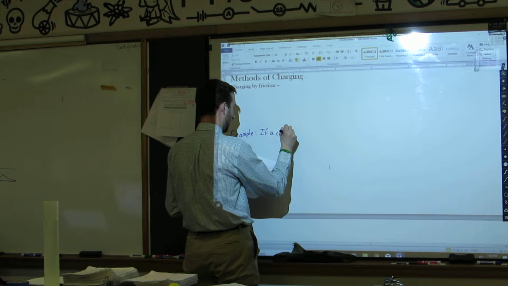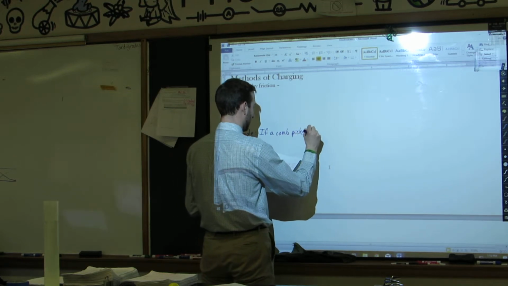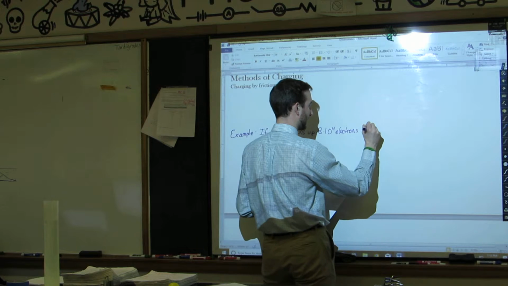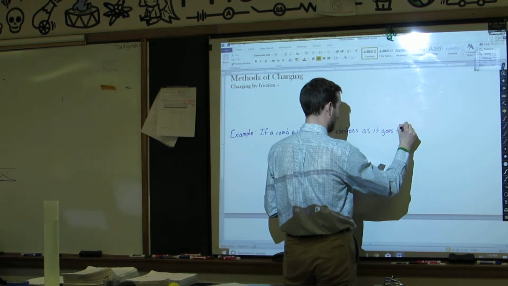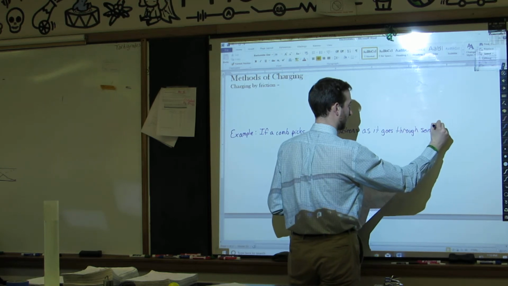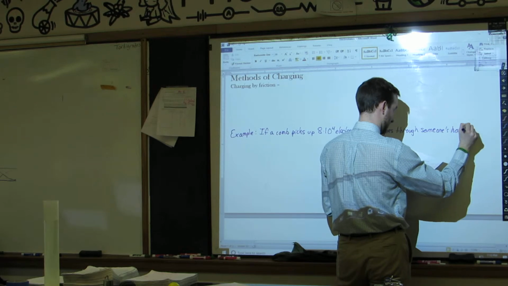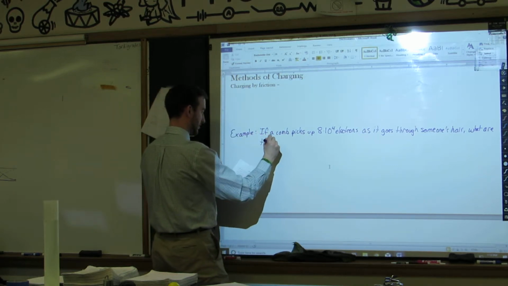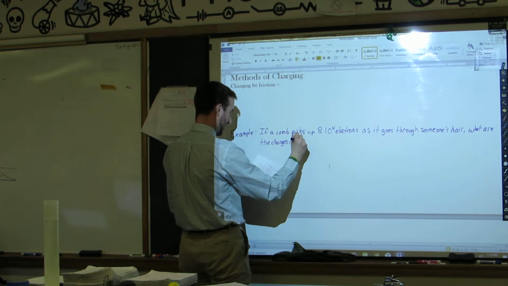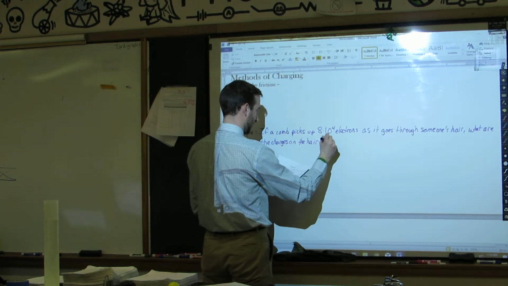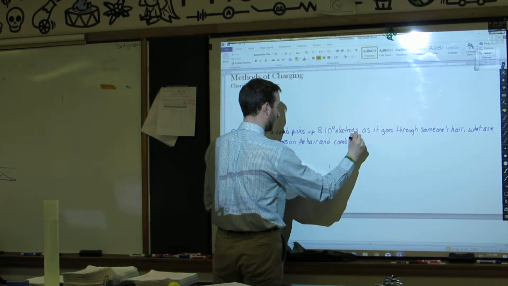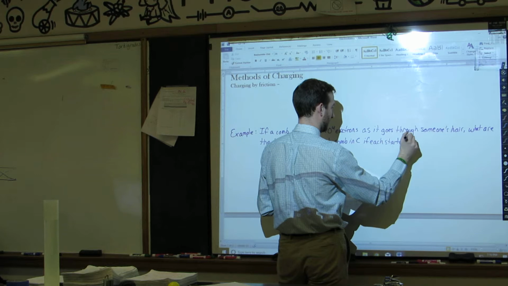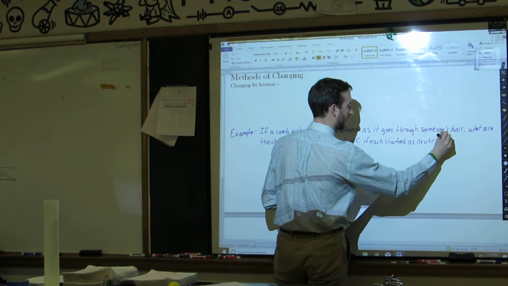If you have a comb, and that comb picks up 8 times 10 to the 4th electrons as it goes through someone's hair, what are the charges on the hair and comb in coulombs if each started as neutral?